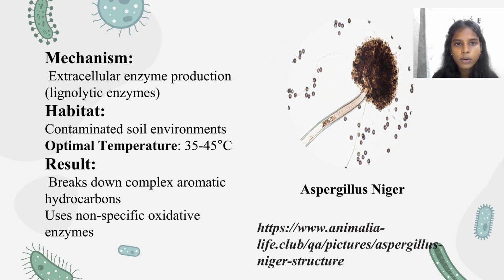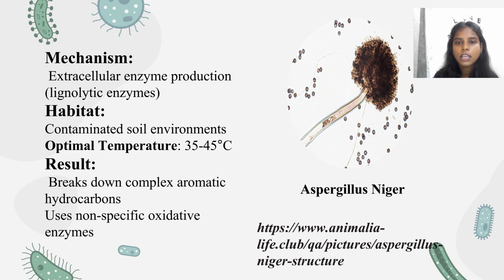The next microorganism is Aspergillus niger, a fungus that can thrive in contaminated soil environments. Its primary mechanism for degrading hydrocarbons involves the production of extracellular enzymes, particularly ligninolytic enzymes. These non-specific oxidative enzymes allow Aspergillus niger to break down complex aromatic hydrocarbon compounds.